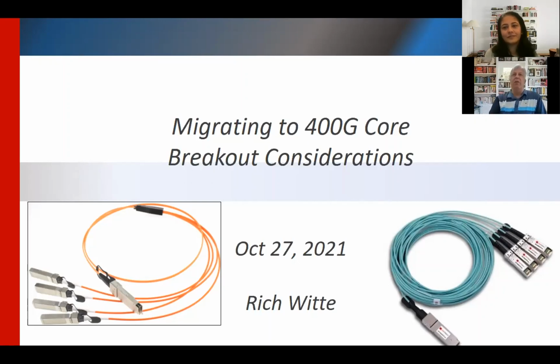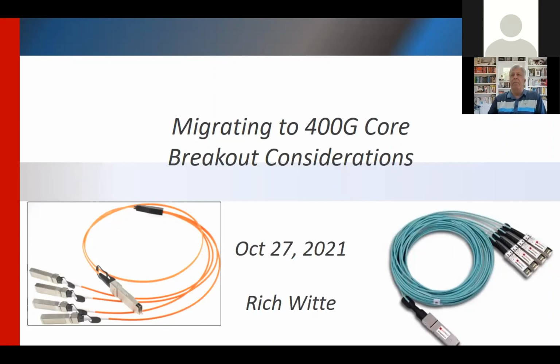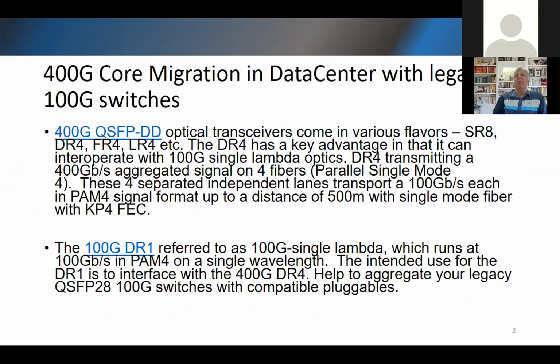Today we'll talk about migrating to a 400 gig core and being able to roll up your 100 gig switches, and how we're going to do that through breakout. To sum it up, we're going to go from 100 gig to a 400 gig core migration in data centers with your legacy switches.